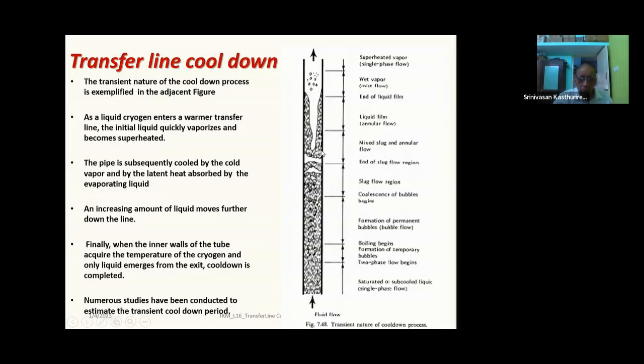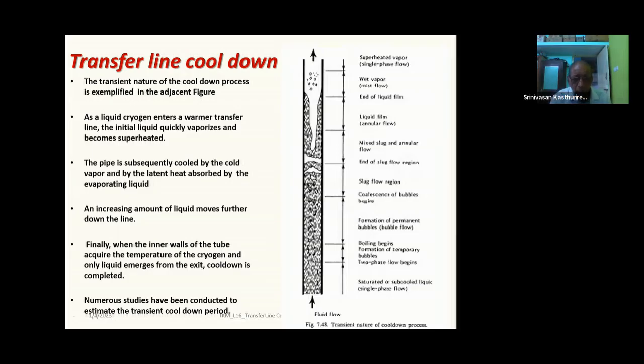From the bottom, liquid is flowing to the top. Initially it starts entering. As the liquid enters, it is a warmer transfer line. The liquid touches the transfer line, which is quite warm, and therefore it suddenly vaporizes and becomes superheated. So that's what is happening.